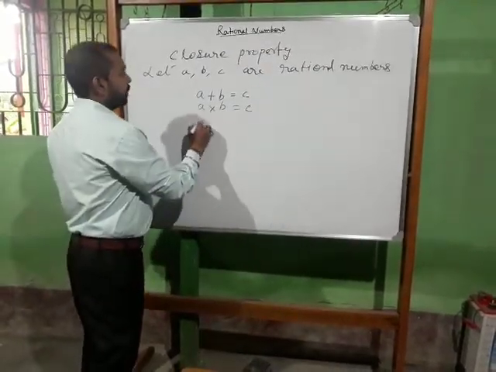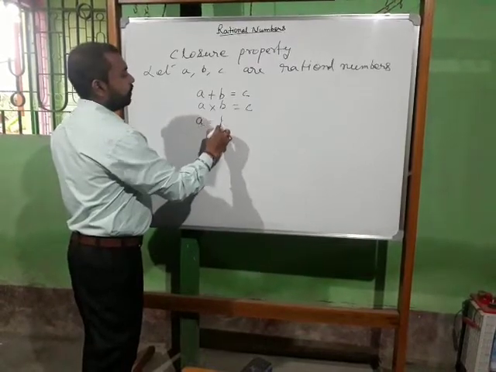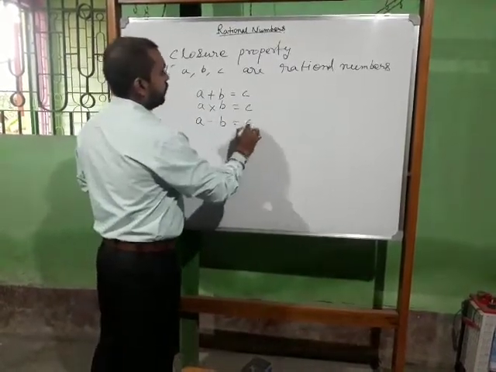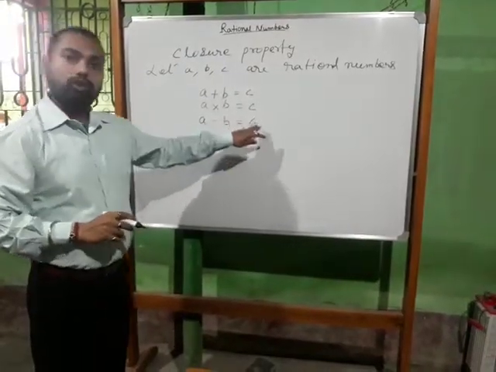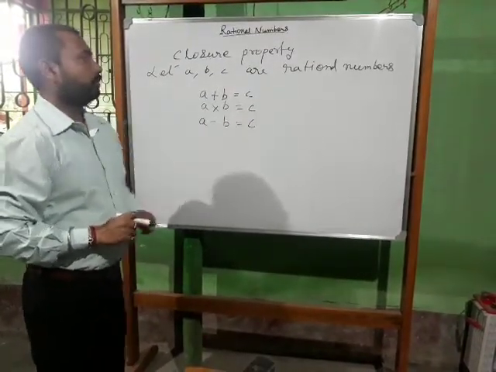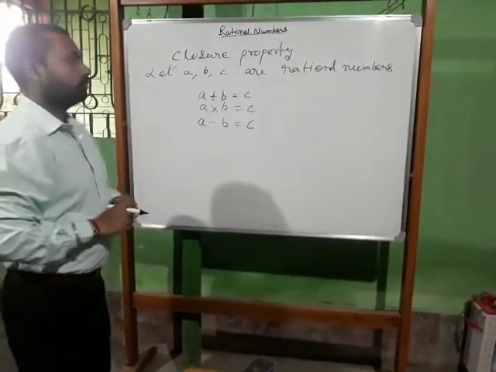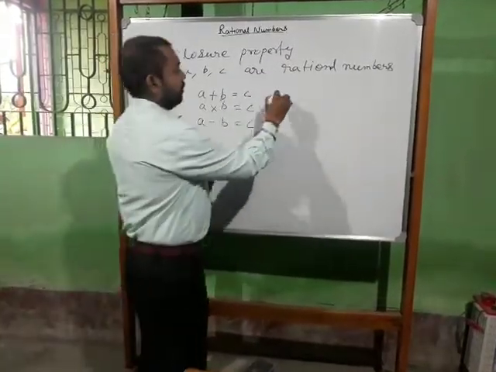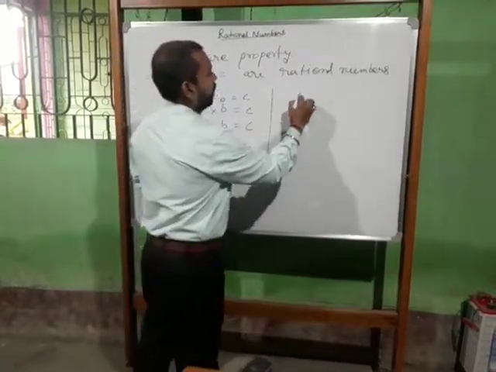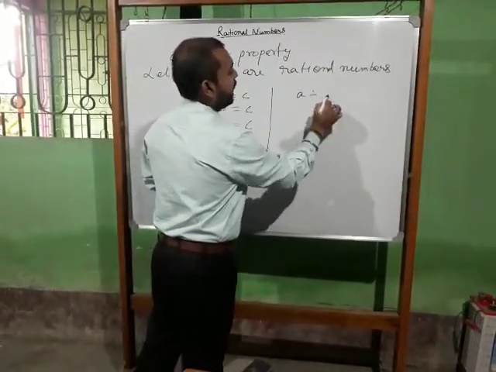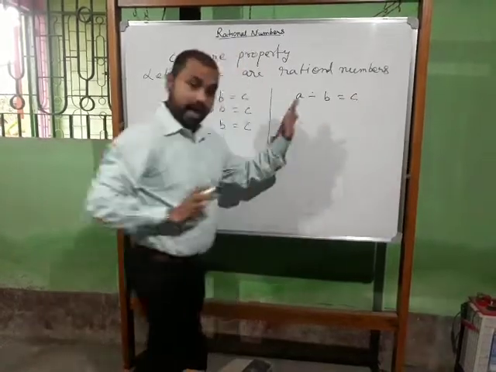Then A minus B equal to C. Again, the difference of two rational numbers is also a rational number. But in the case of division, this is something different and unique. In some cases you will find A divided by B equal to C, rational.